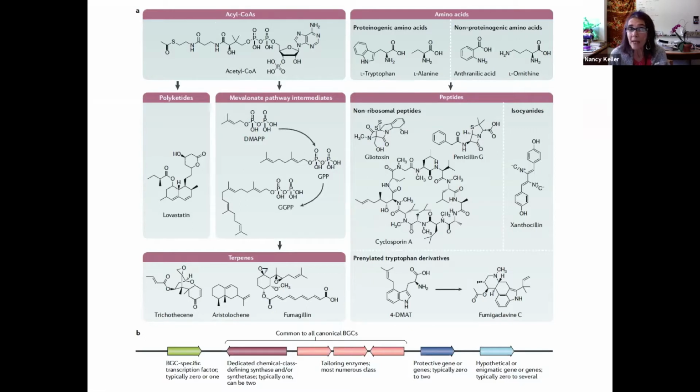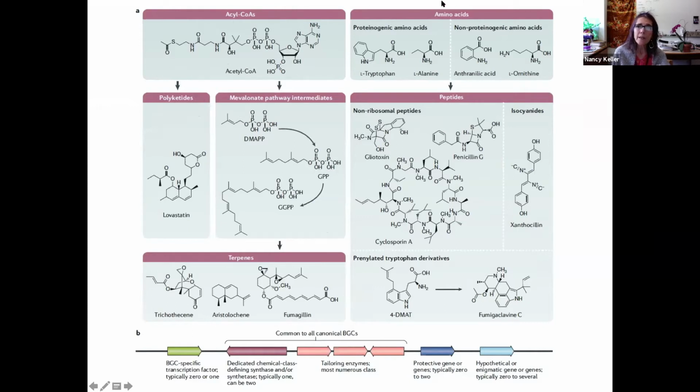They go to make fatty acids, for example, or membrane sterols. Fungi and bacteria and plants can take these acyl-CoAs, use them for primary metabolism, but they also incorporate them into two big chemical classes called polyketides, and through the mevalonate pathway into terpenes.